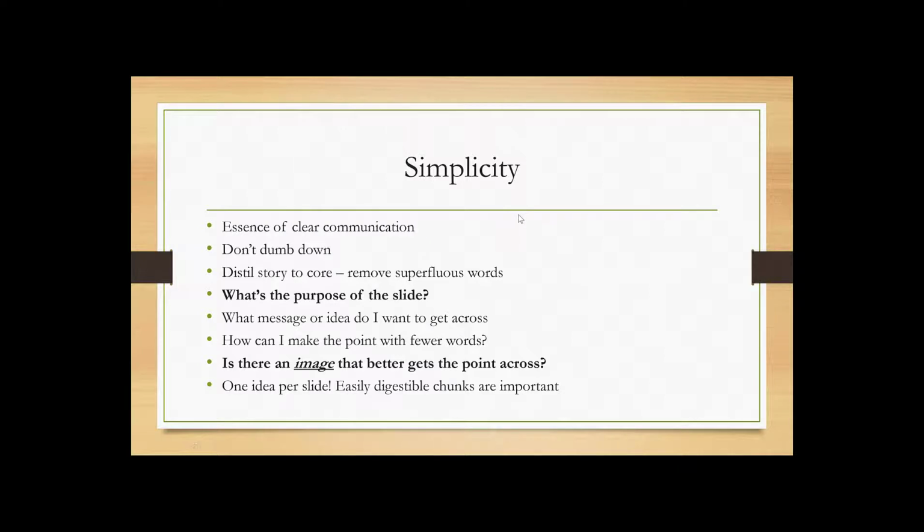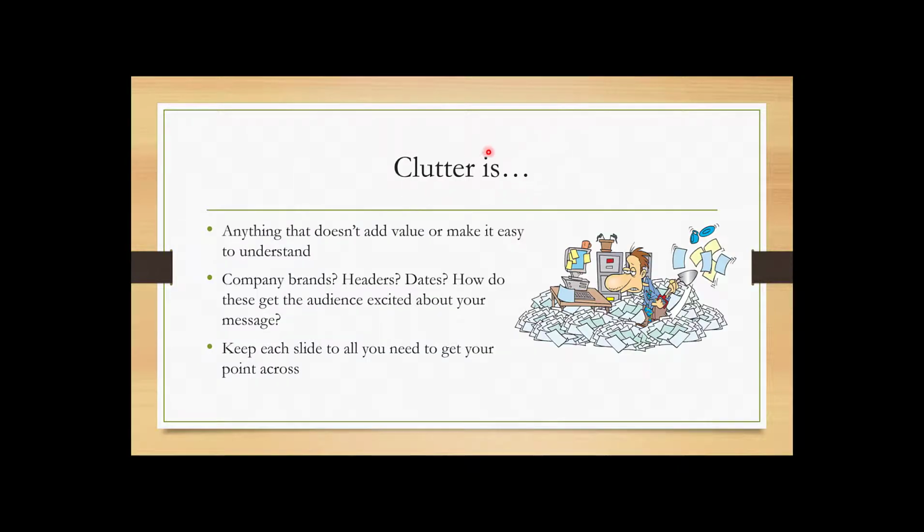So, the second of our six ways to improve our presentation is to remove clutter. So what is clutter? Clutter is anything that doesn't add value or make it easy to understand the presentation. Often people put company brands, headers and dates all over the page, and they can distract us from the key message.